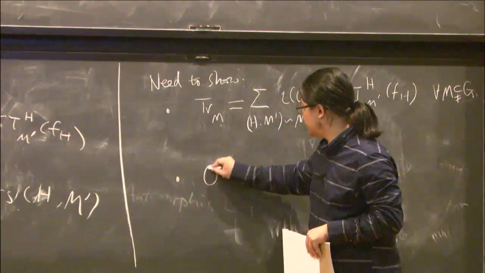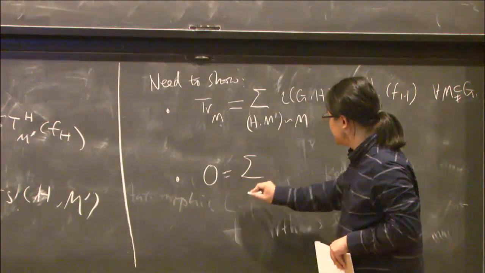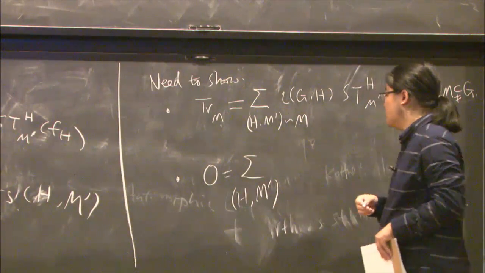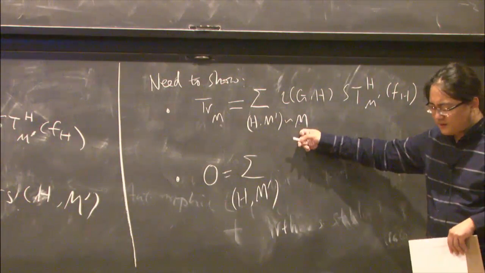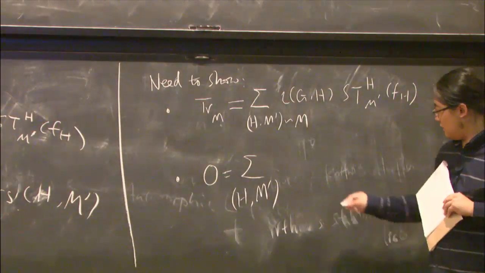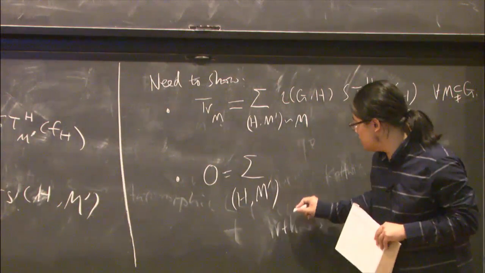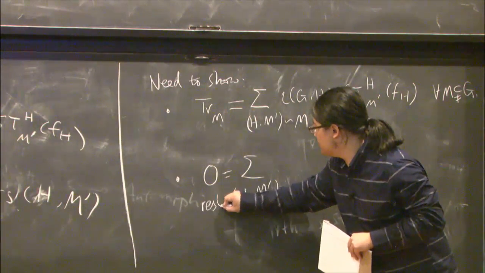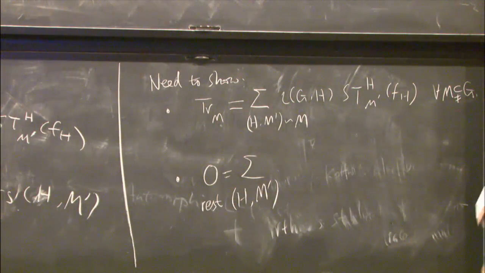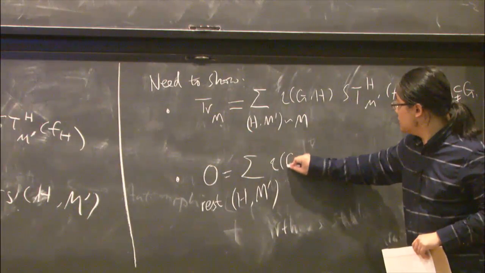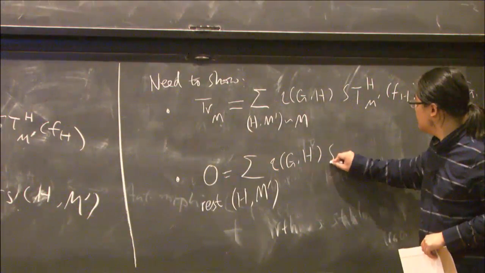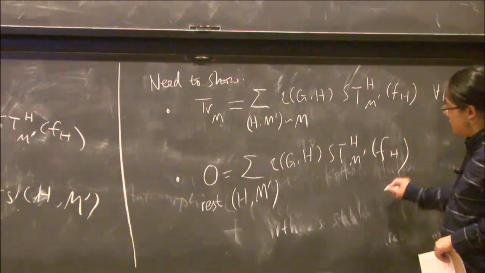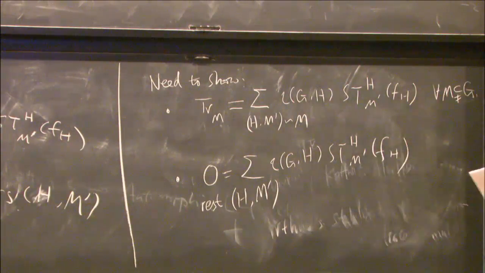And also, we need this vanishing result, which says that if you sum over all these pairs that are not classified in terms of any of these, so the rest of the pairs of the contributions, then you should get 0.